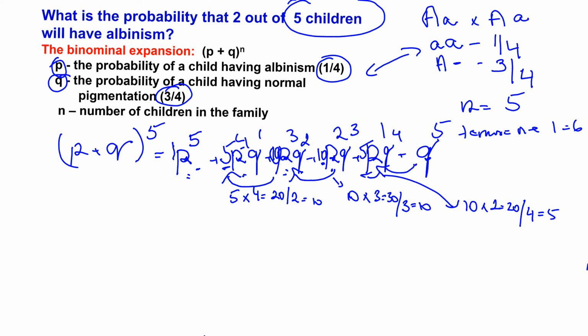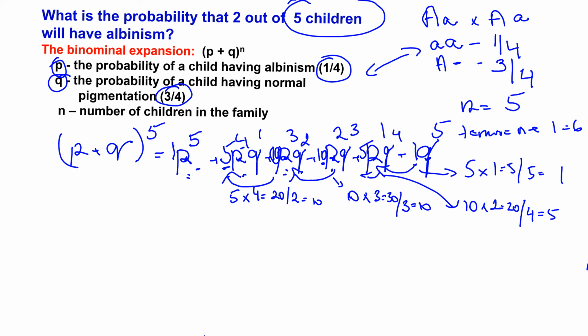Now, the question is, which of these terms do you use to answer the question: what is the probability that 2 out of 5 children will have albinism? What you focus on here are the exponents. Let's look at the first term, P to 5. P corresponds to the probability of children having albinism.